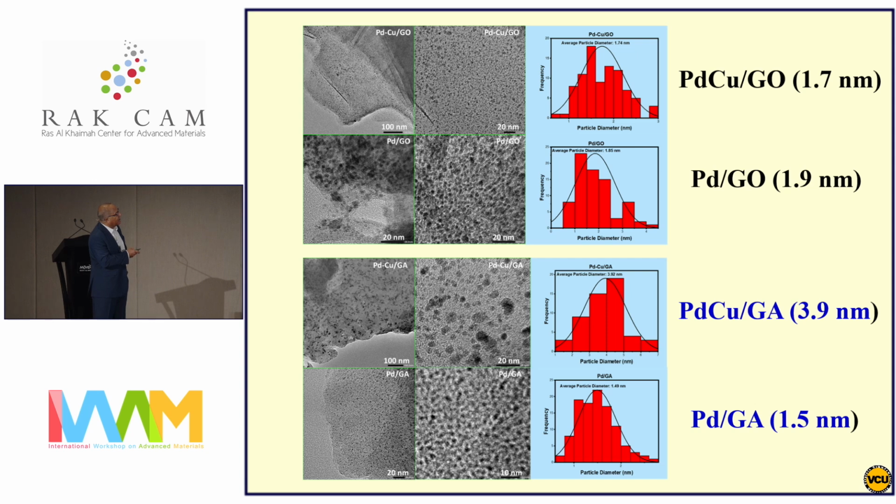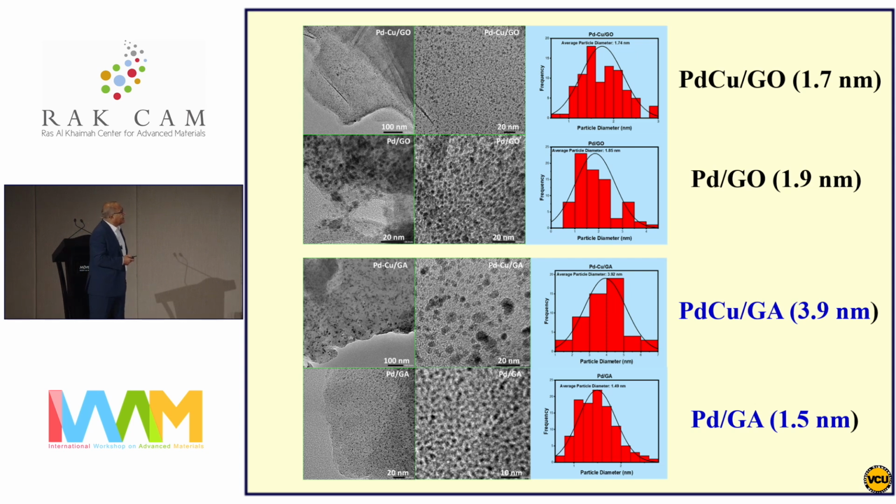This is on graphene oxide, the top two, and the bottom two on graphene acid. And you can see very similar size distribution of particles, except the palladium copper on graphene acid appears to be a little larger particles than on the graphene oxide.